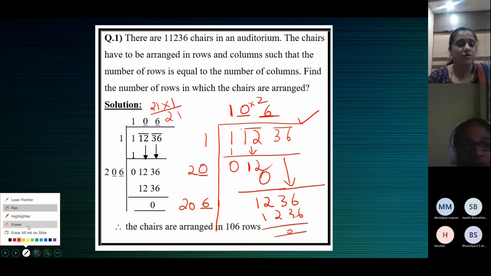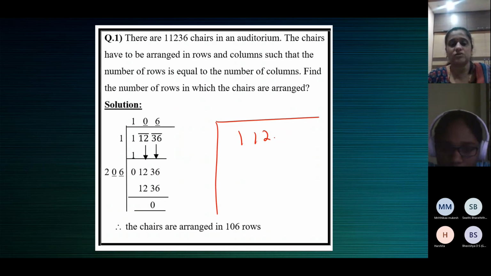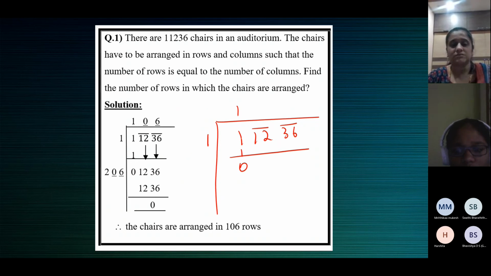Now, when you add a 0, we'll do it again from the beginning. 1, 1, 2, 3, 6. 1 ones are 1. 0 is the remainder. The next pair comes down. Double the quotient, 2. When I add 1 here and 1 here, I get 21, but that's greater than 12.